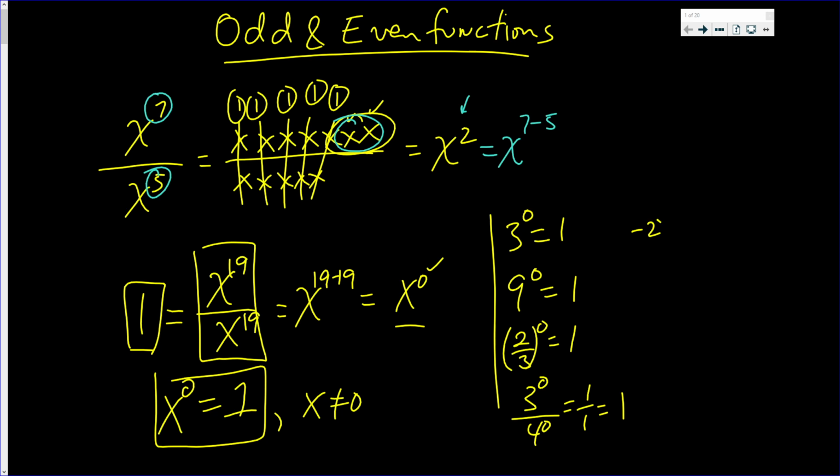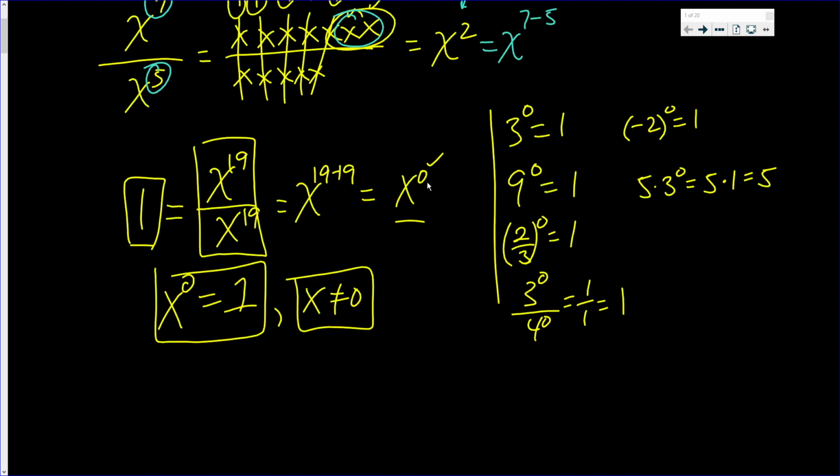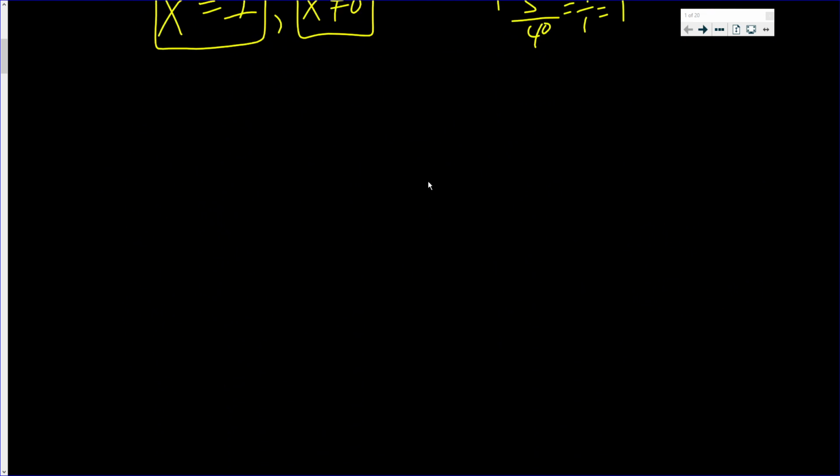Negative 2 to the 0 is 1. 5 times 3 to the 0 is 5 times 1, which is 5. As long as the base is not 0, any non-zero number to the 0 power is 1. There's a reason why we need that, and it will become clear very quickly.